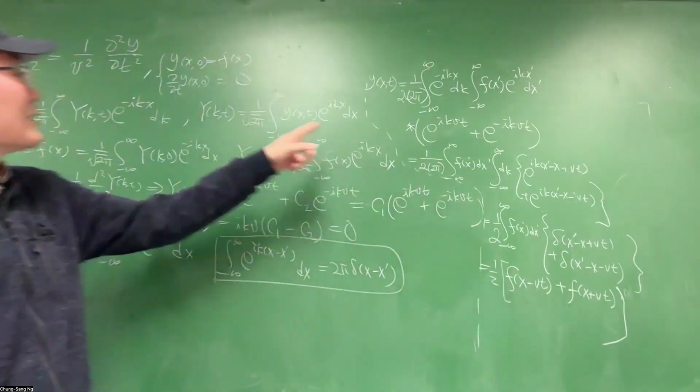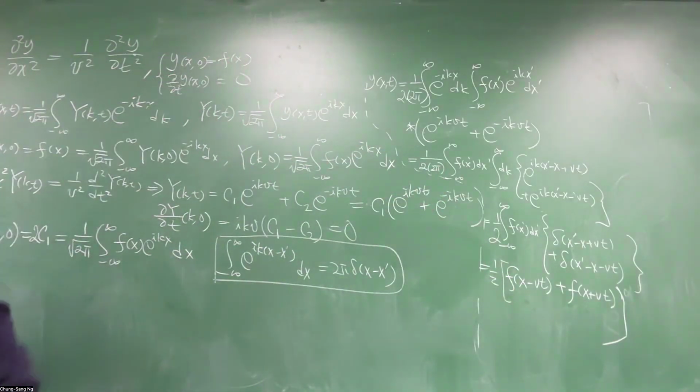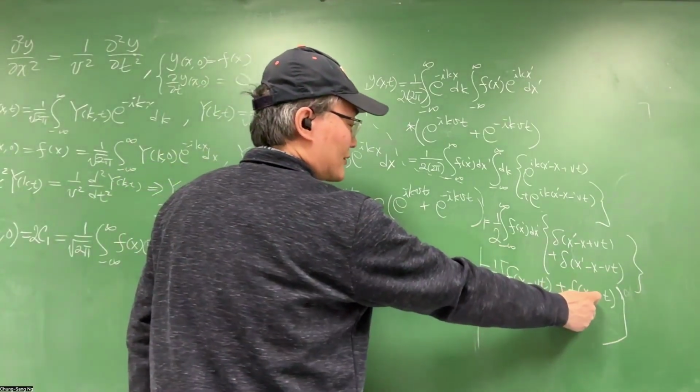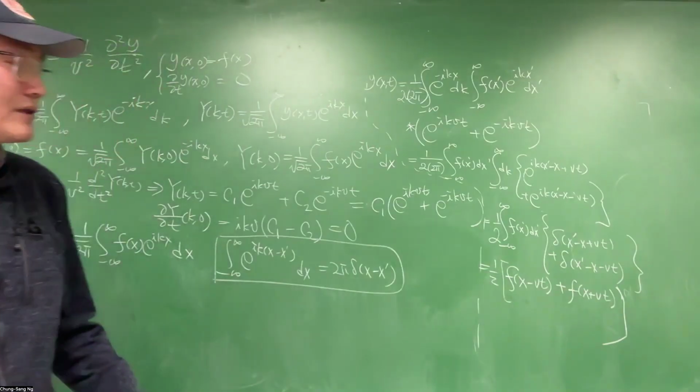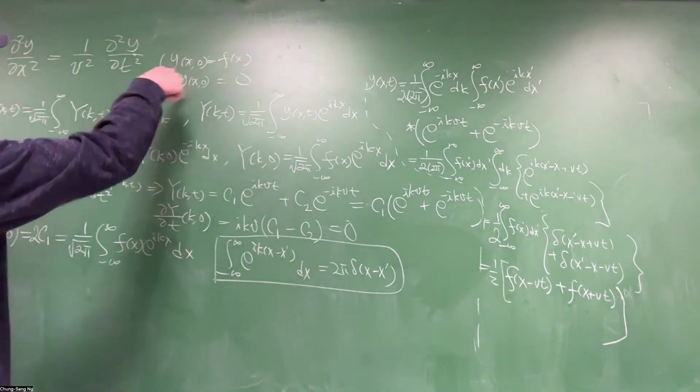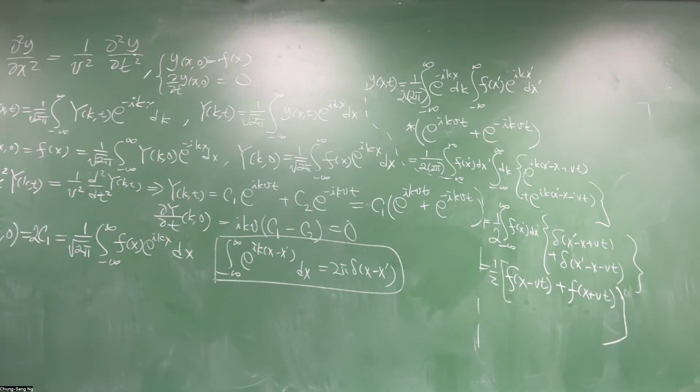We add the two, giving you back the initial condition. And when you take the derivative, because you have vt, there's a negative sign and a positive sign, so the total derivative at t equals 0 vanishes. So that recovers the initial condition.